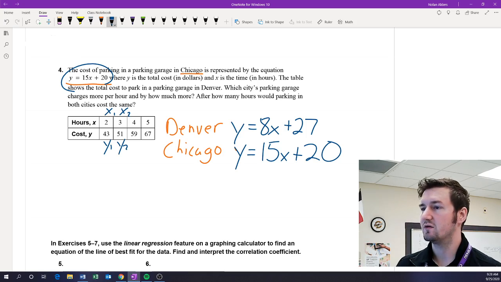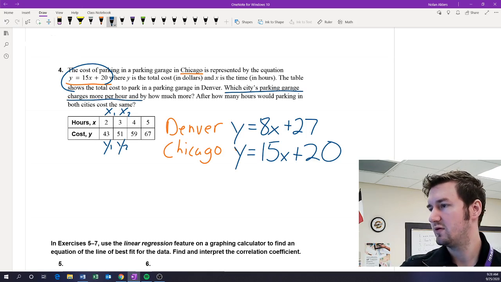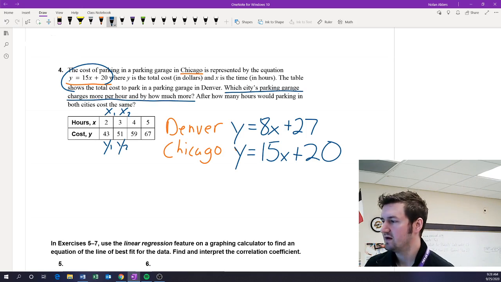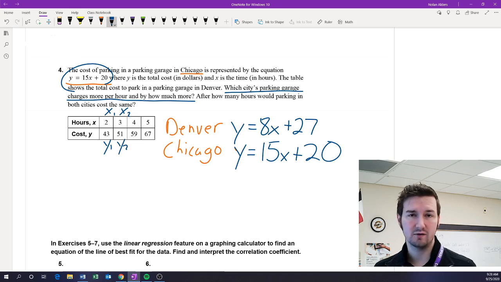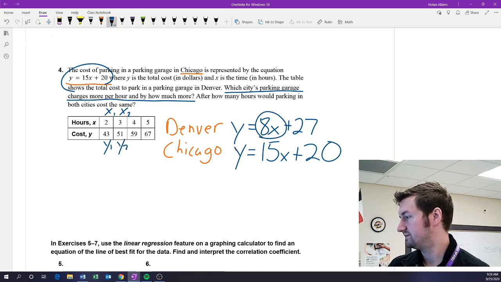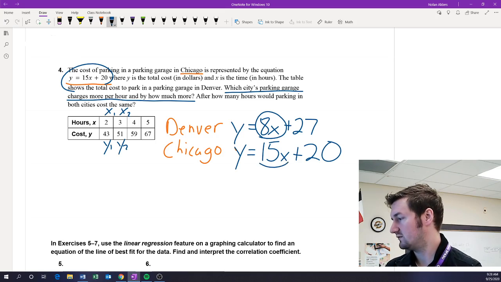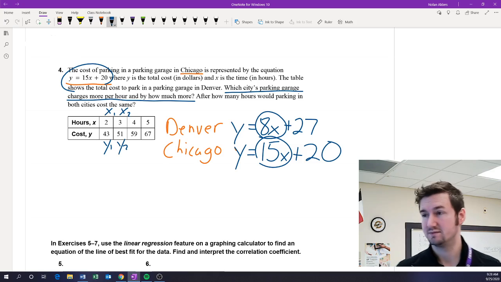All right, now the question again is, which city's parking garage charges more per hour, and by how much more? So the more per hour is going to be, remember x is our hours, so we're looking right here for how much per hour we're getting charged. So in Denver, we're getting charged $8 per hour, and in Chicago, we're getting charged $15 per hour.